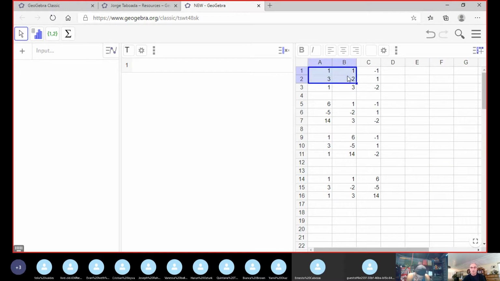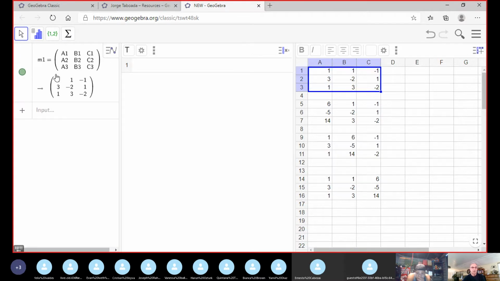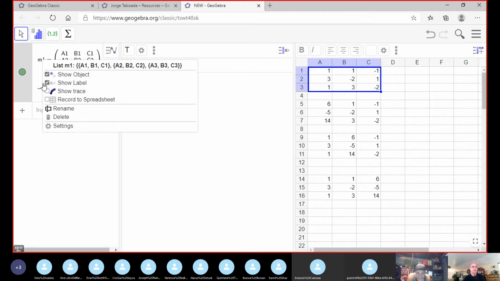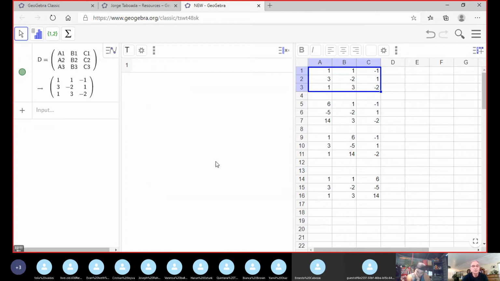Okay, I form it one by one. I select the first, right click, create matrix. I want to rename because the name in my problem is capital D. Rename. Capital D. Okay. Now in the CAS, I put Determinant. Determinant is D-E-T.